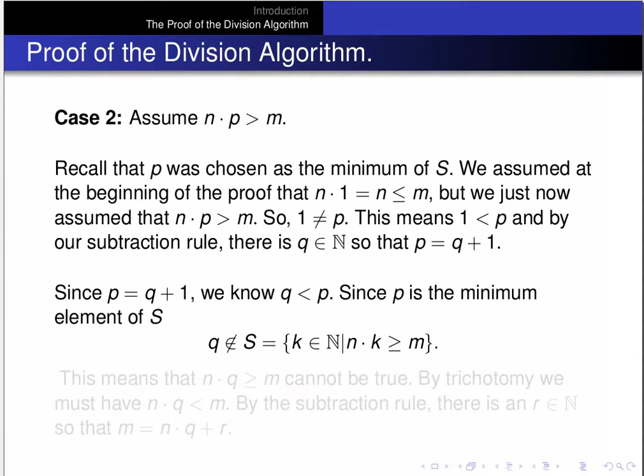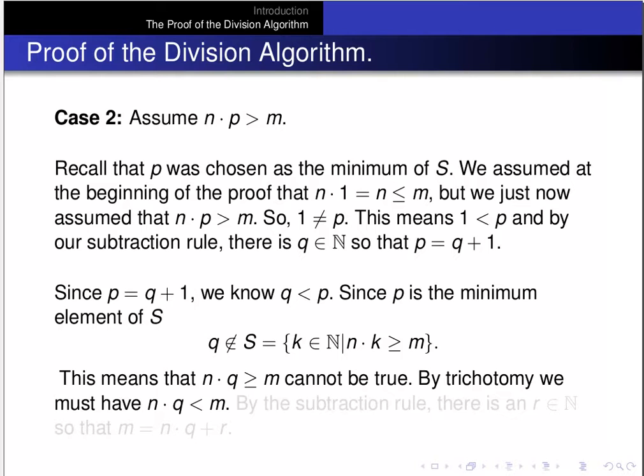So q is not among the natural numbers whose product with n is greater than or equal to m. So n times q greater than or equal to m cannot be true. So n times q is not greater than m, and n times q is not equal to m. So by trichotomy, we have to have n times q strictly less than m.